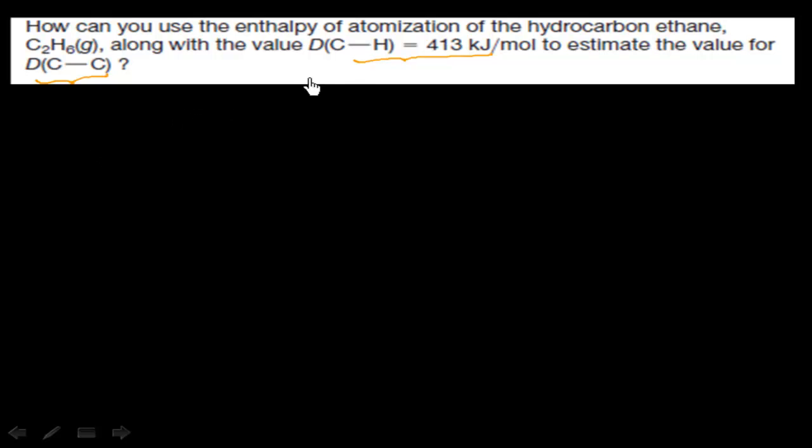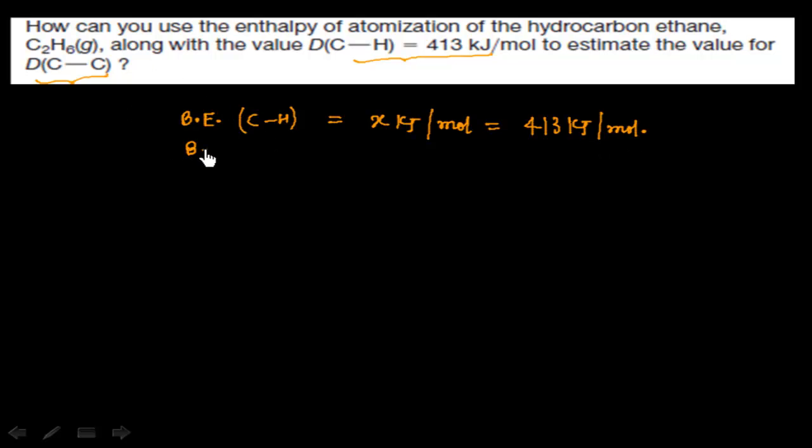We have been given the average bond energy for the carbon-hydrogen bond, let us say x kilojoule per mole, and this value is given. This is 413 kilojoule per mole, and we have to calculate the bond energy for the carbon-carbon bond. Let us call this value y kilojoule per mole.